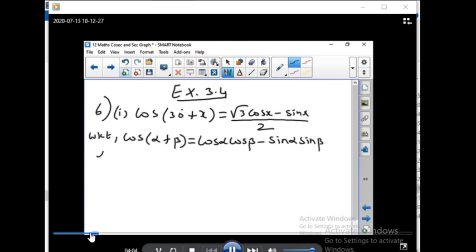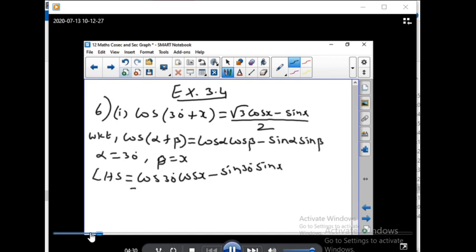So we are going to use this on the left hand side. Alpha is 30 degrees and beta is x. So substituting, we get left hand side equal to cos 30 cos x minus sin 30 sin x.